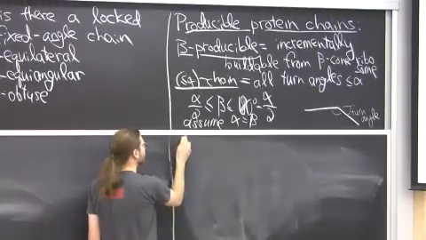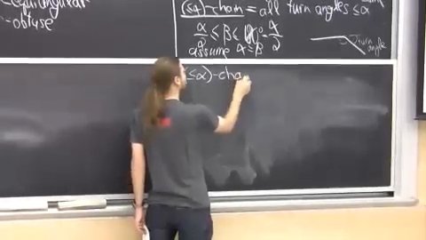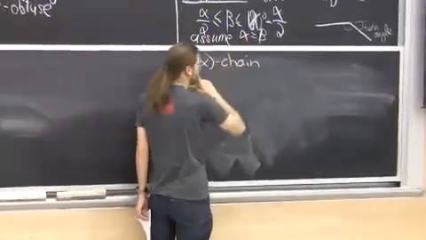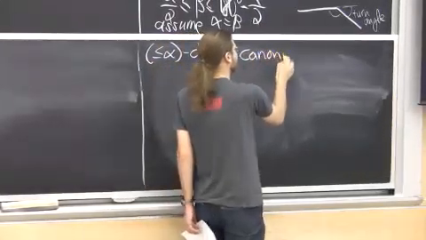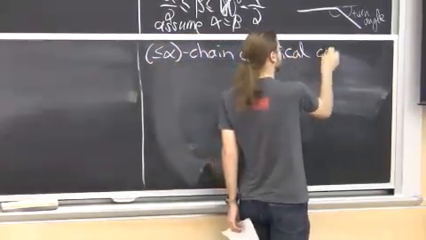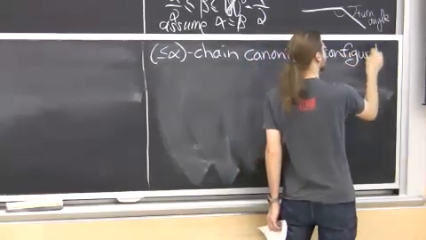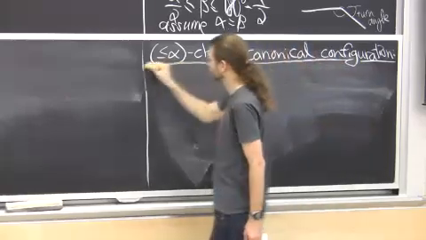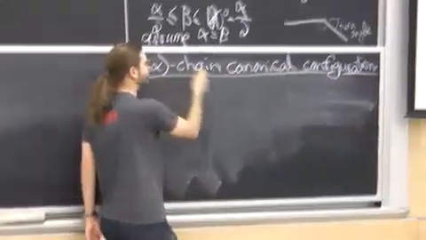But in general, for any less than or equal to alpha chain, for whatever alpha you like, and it will be the half angle of the cone, so alpha equals beta, we will define a canonical configuration. I think we call it the alpha CCC.